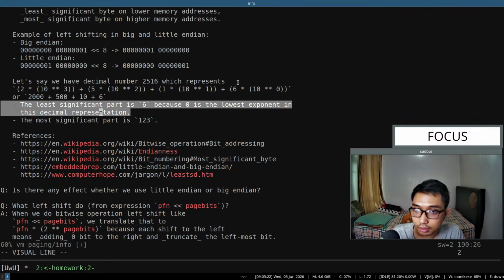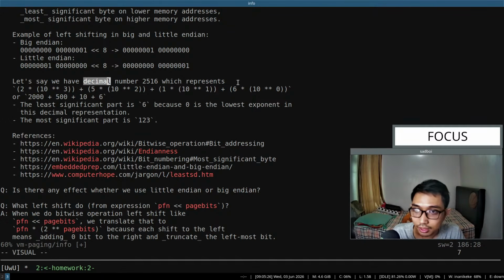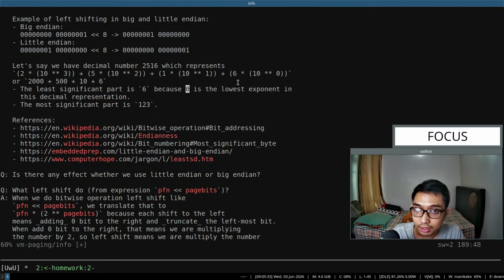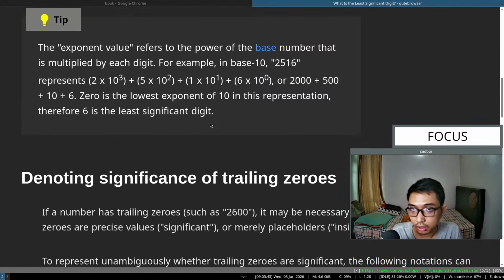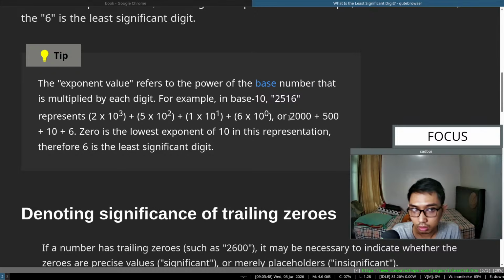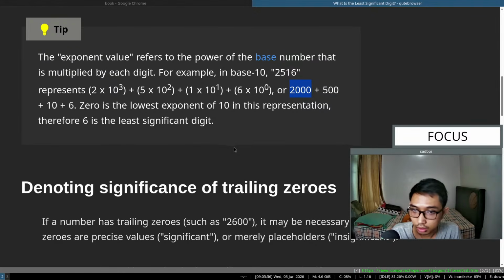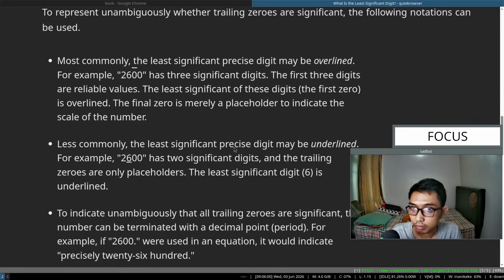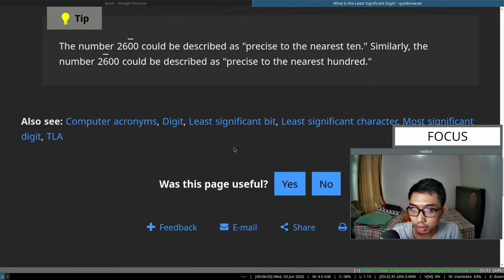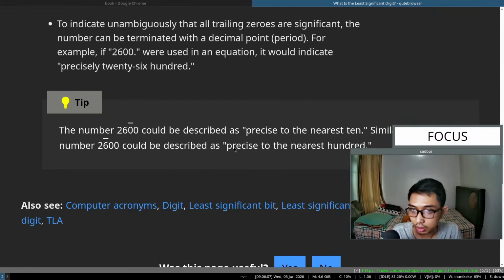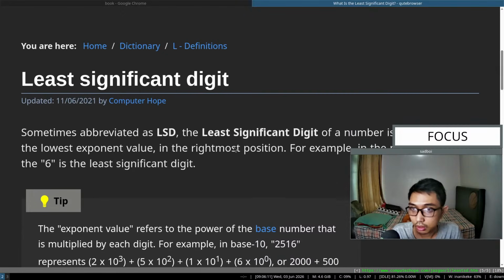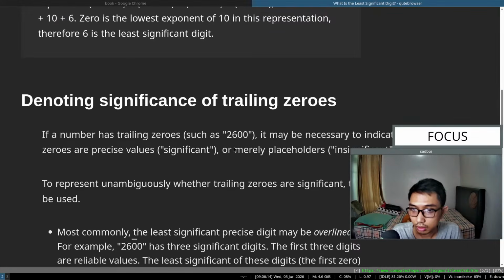We are currently trying to understand in the decimal format to make things easier, because 0 is the lowest exponent in this decimal representation, and I assume the most significant is 2000 here, maybe something like that. This is the least significant digit.